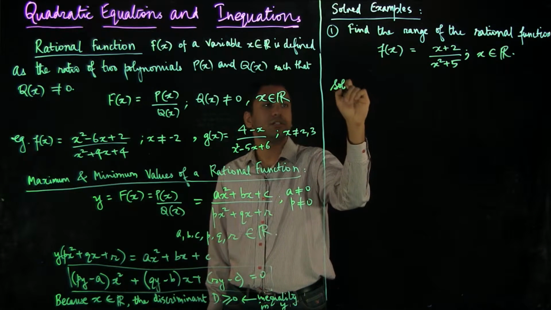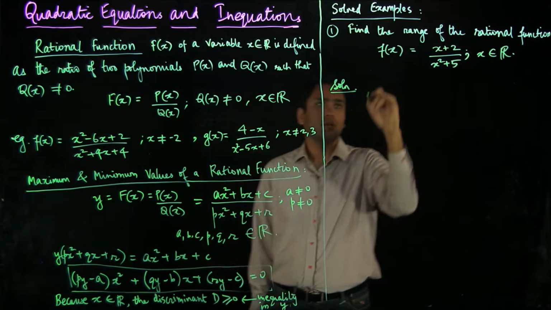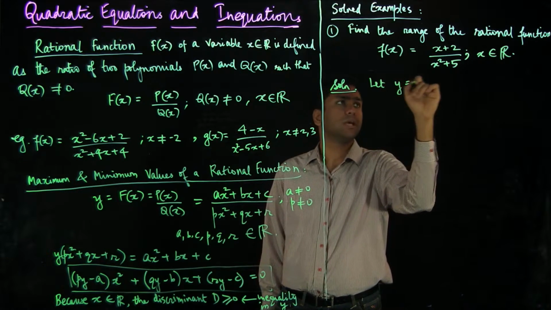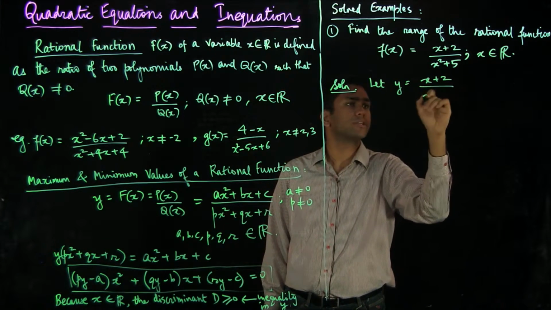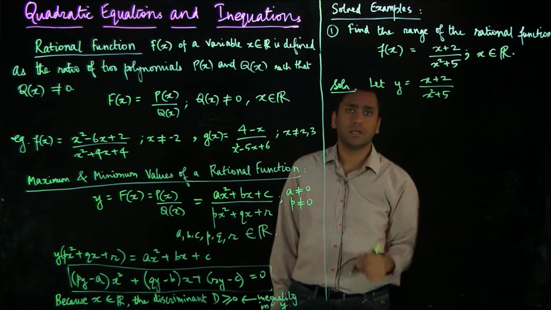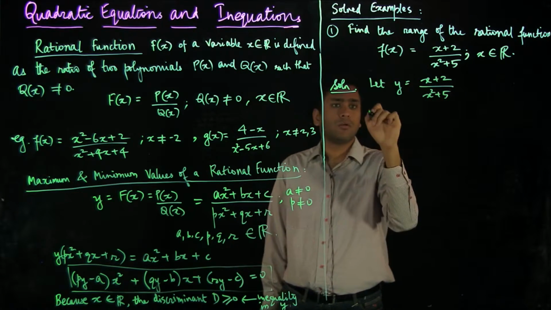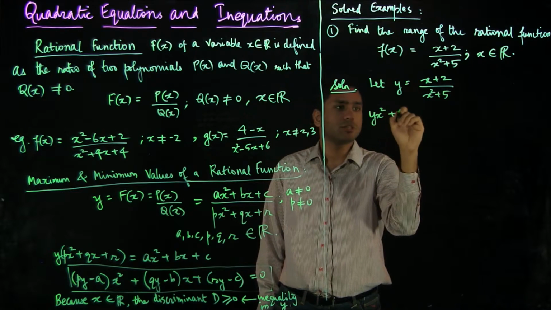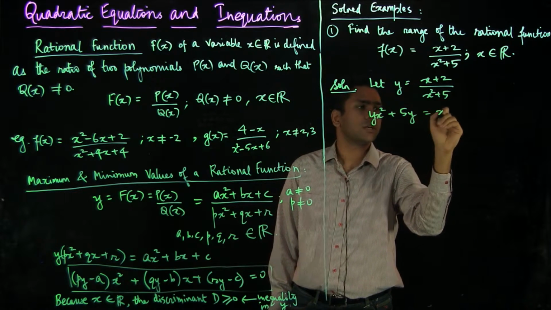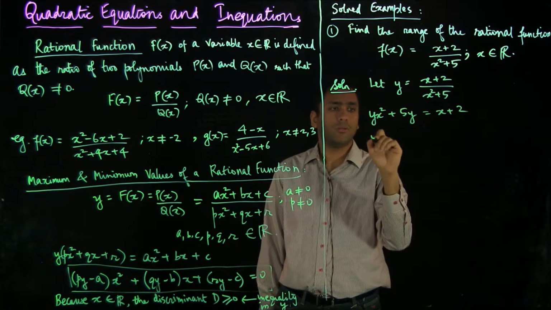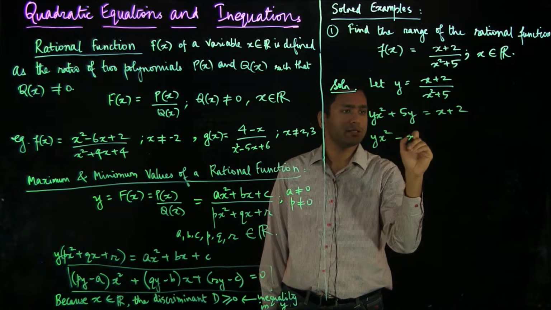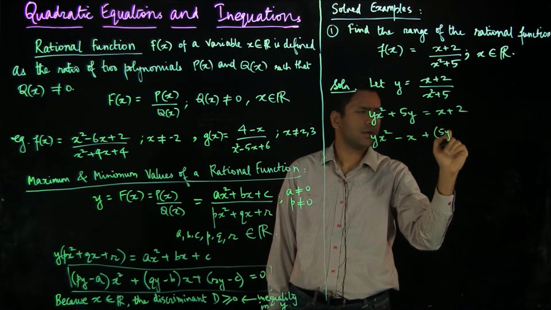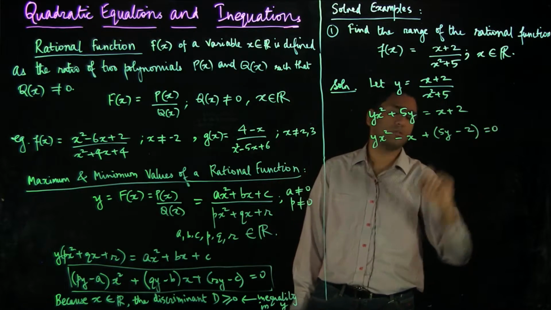So as we had just discussed, let y equals x plus 2 over x squared plus 5. In that case, y times x squared plus 5 times y would be equal to x plus 2, or yx squared minus x plus 5y minus 2 would be equal to 0.